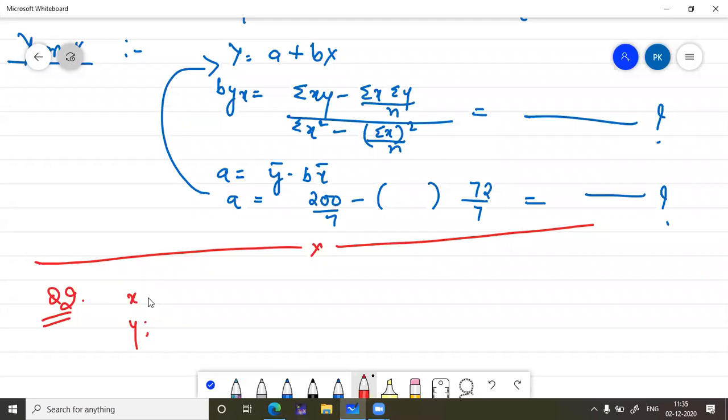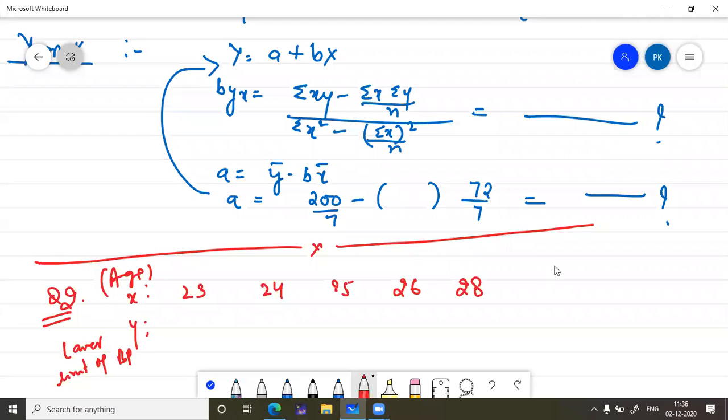A data set is given: 23, 24, 25, 26, 28, 29, 31, 35, 40. It represents the age of some patients, and this is the lower limit of BP.